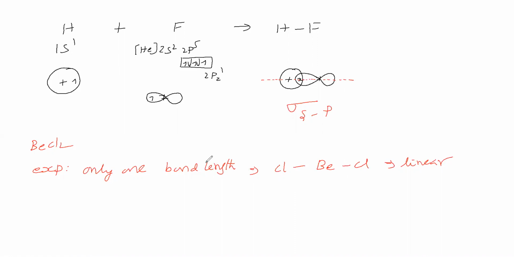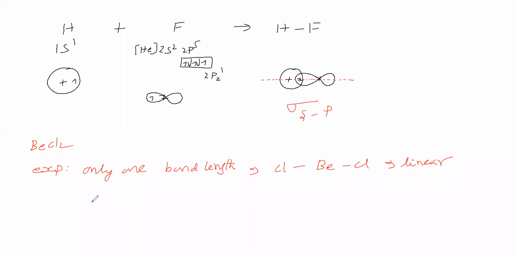Now, valency bond theory is called the pure orbital overlapping concept. Whether this pure orbital overlapping concept explains this experimental fact or not, that we will see. So let us try to explain this experimental fact using the pure orbital overlapping concept from valency bond theory.